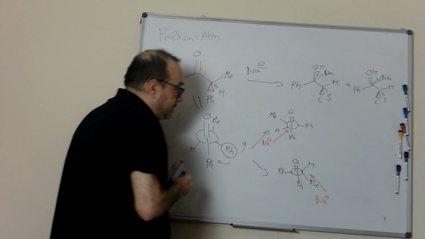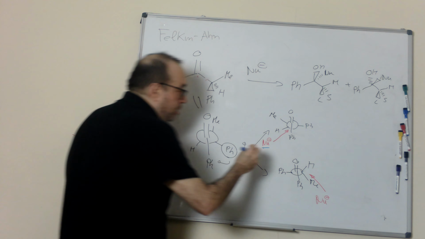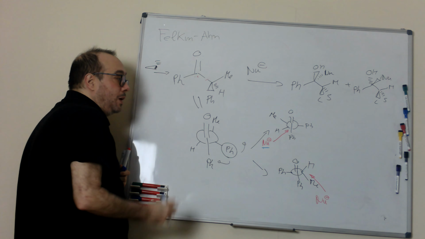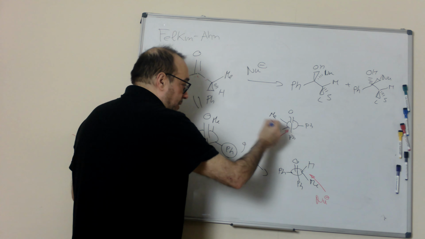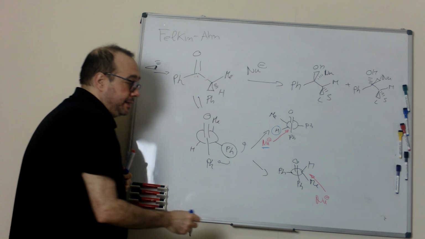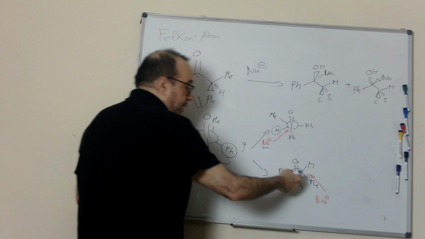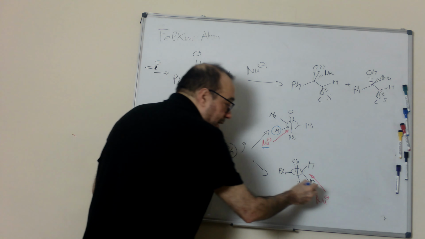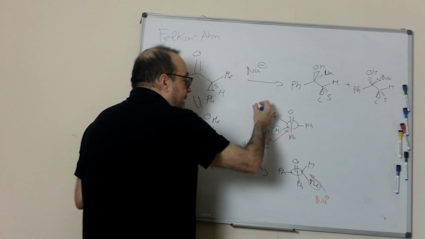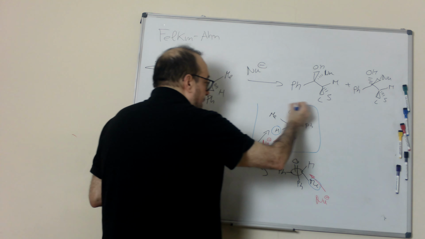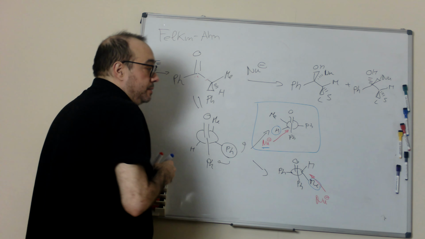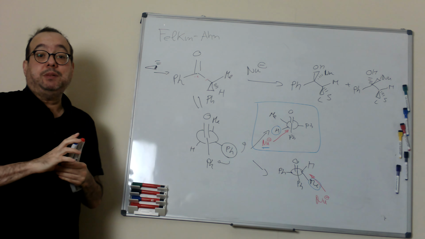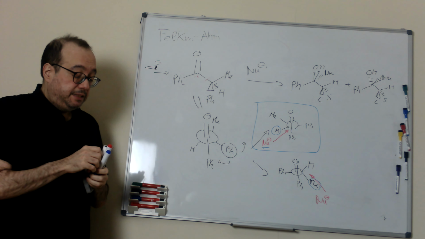Here, when the nucleophile approaches the carbonyl group, what we have is a hydrogen, while in this case, when the nucleophile approaches the carbonyl group, what we have is a methyl. Obviously, this approach will be favored because a hydrogen presents less steric hindrance than a methyl.